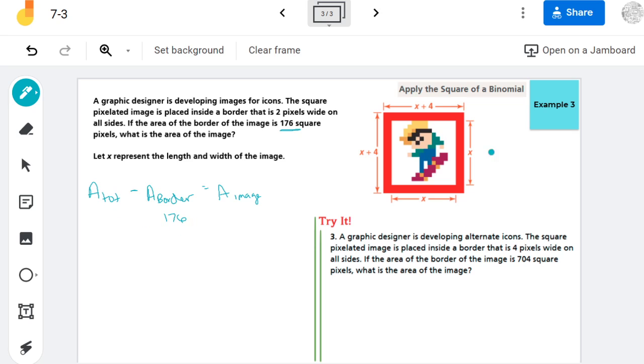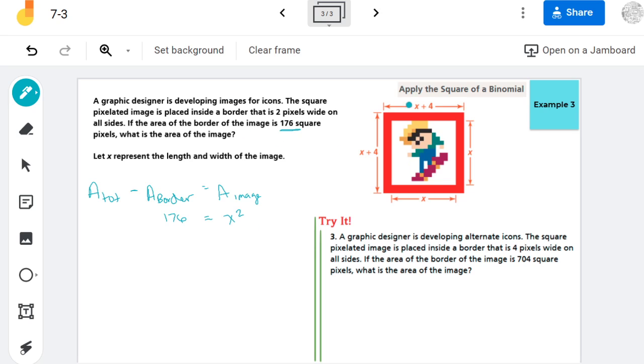But now, let's look at the total area. Notice they are calling x the distance here. Now, I could call the area of the image x squared, really, if I wanted to.